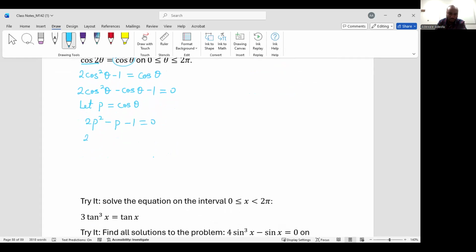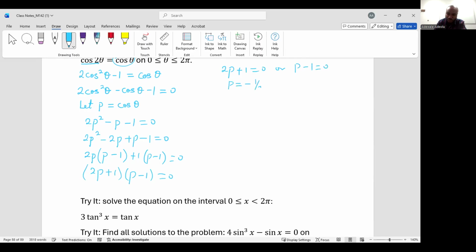So we can solve this. 2P squared, 2 times 1, 2 minus 2P plus P minus 1 equals 0. 2P into P minus 1 plus 1 into P minus 1 equals 0. So 2P plus 1 times P minus 1 equals 0. And then we have 2P plus 1 equals 0, or P minus 1 equals 0. And from here, P equals negative 1 over 2, or P equals 1.